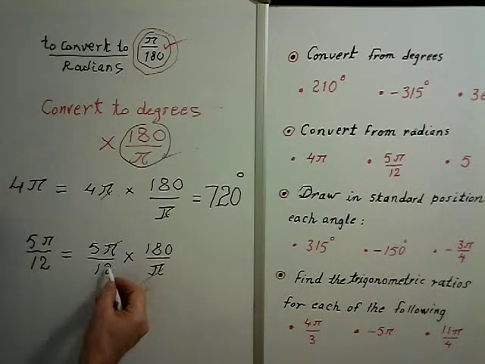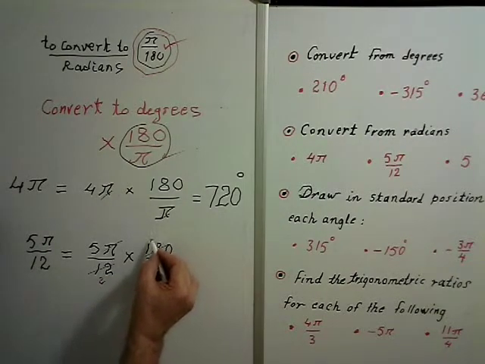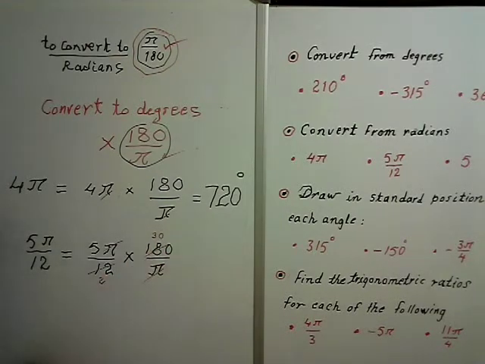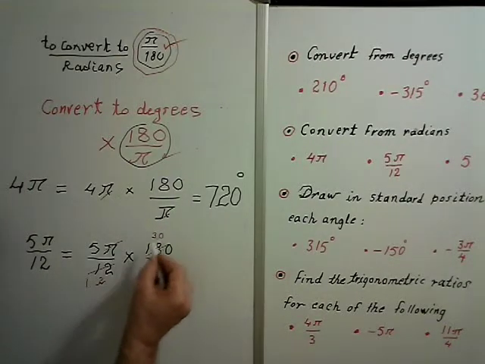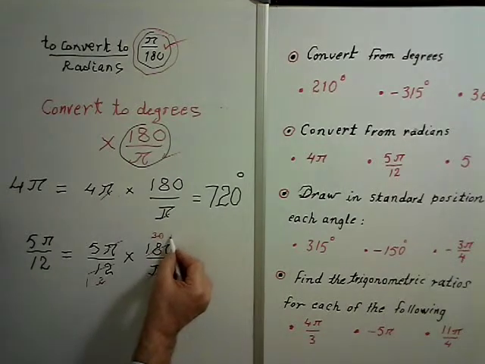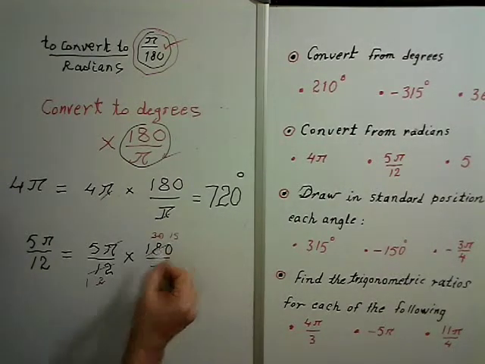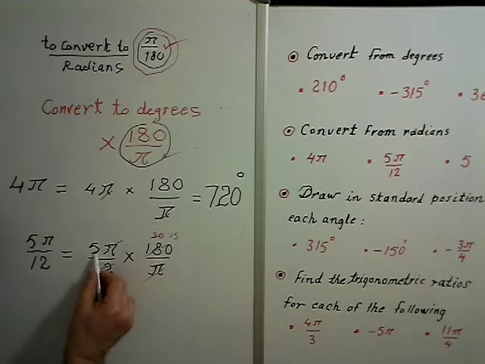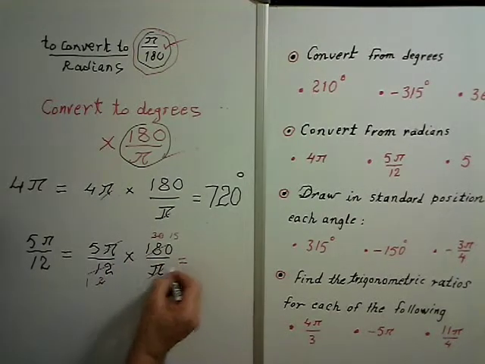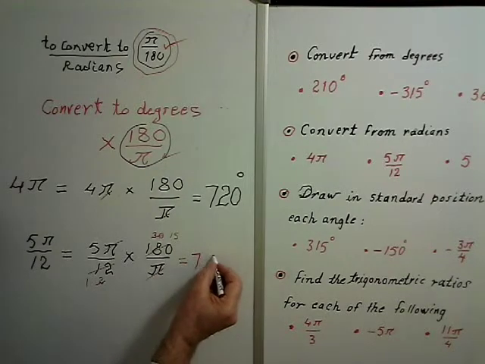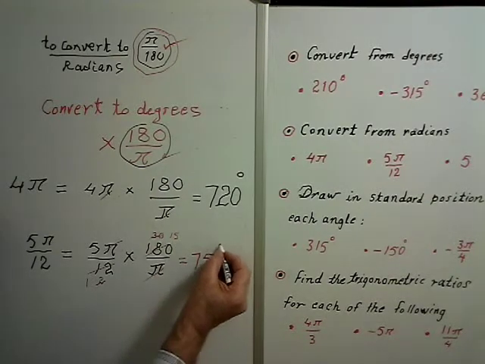And here on 6 it will be 2, and here on 6 will be 30. Also divide by 2 here, it will be 1, and dividing by 2 here will be 15. Then we just multiply 5 by 15. So the result will be 75 degrees.